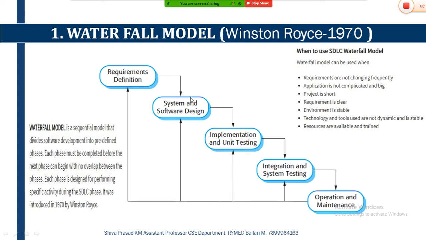This is how the process works here. Without getting the outcome of the first phase, we can't move towards the second phase. Why? Because if I don't get the output of requirement definition, it is useless to go to the second phase. If I don't get the output of the second, it is useless to go to the third. So until you complete the first phase, the second, third, fourth and fifth phases will be in an idle state.